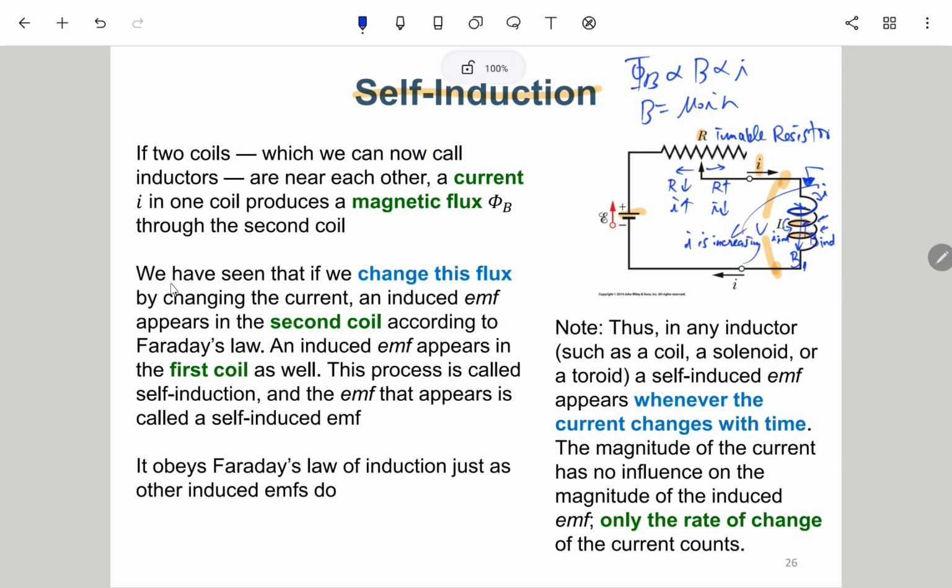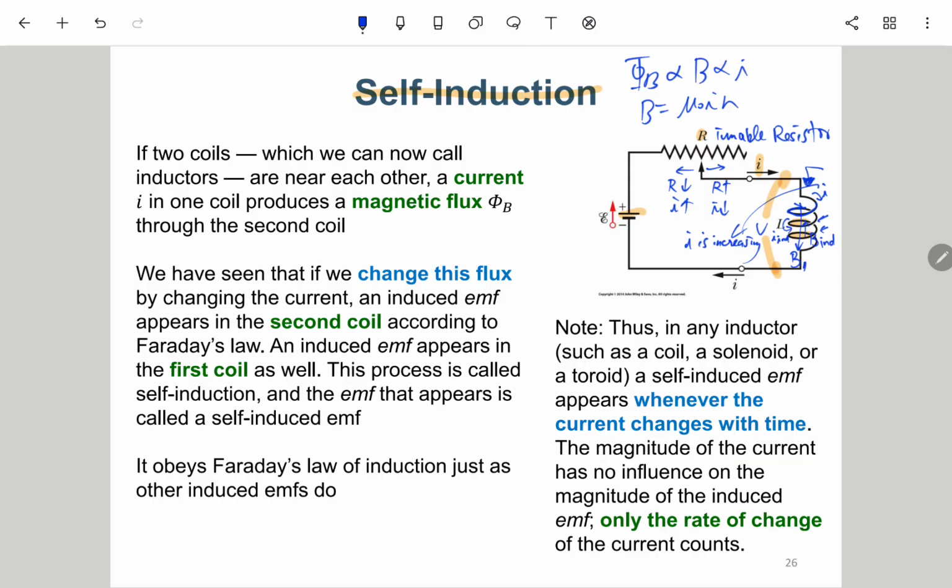So here it says, we have seen that if we change the flux by changing the current, an induced EMF appears in the second coil according to Faraday's law, just as what I mentioned, and an induced EMF appears in the first coil as well. This process is called self-induction. It is actually the same inductor, but it has multiple coils, so it will have self-induction.